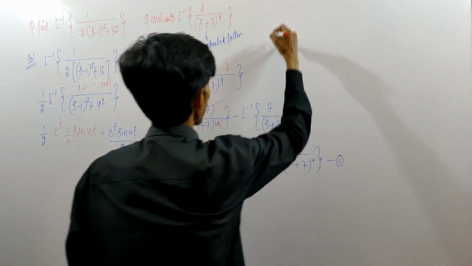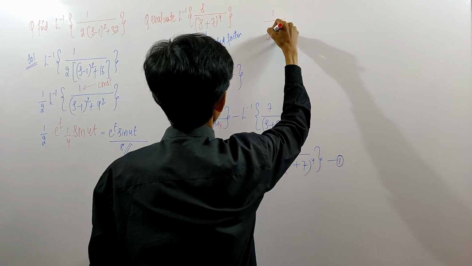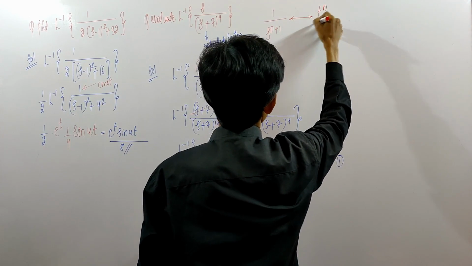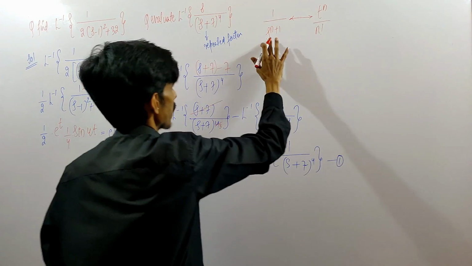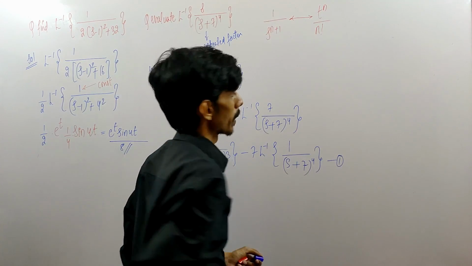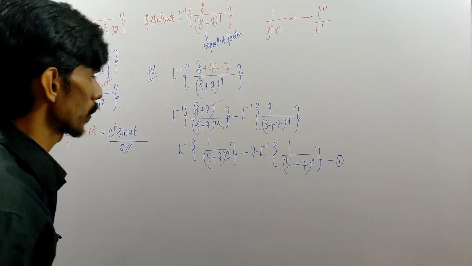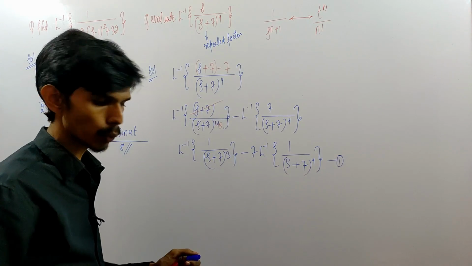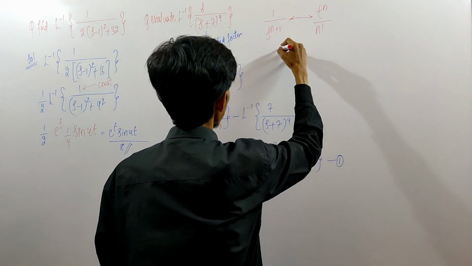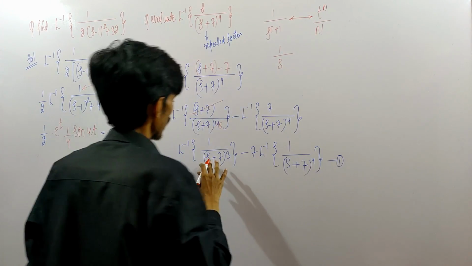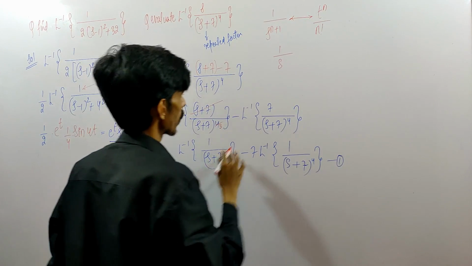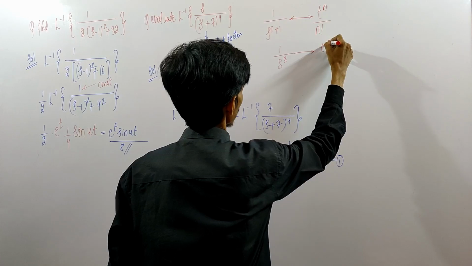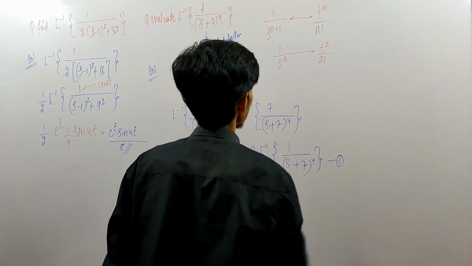We know that 1 by s power of n plus 1 transforms to t power of n by n factorial, from s domain to t domain. Here treat this 1 by (s plus 7) as s only. Then here we have 1 by s cube, so this will transform to t square by 2 factorial.